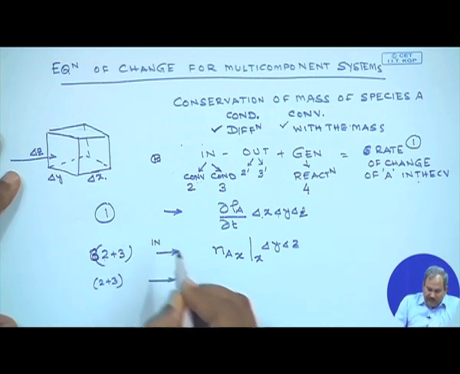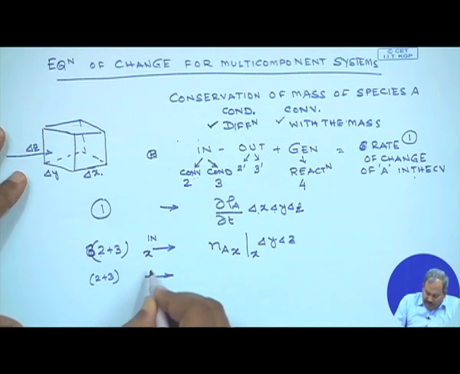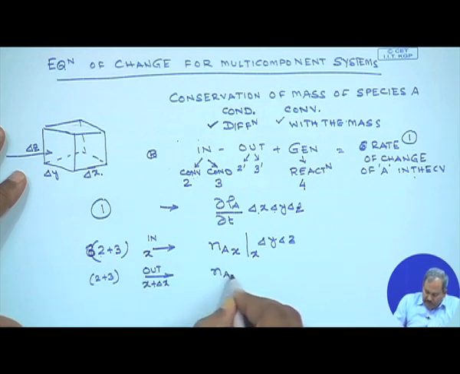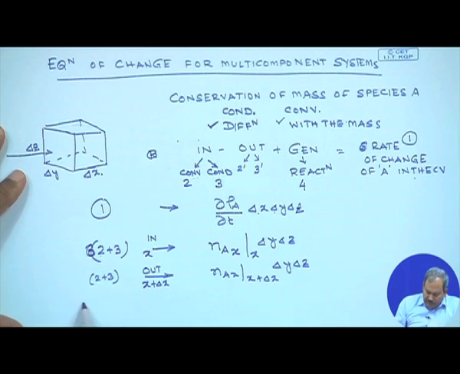So, this is the in term at x, and this is the out term at x plus delta x, which would be N_Ax evaluated at x plus delta x times delta y delta z. Similarly, I will have a 2 plus 3 in through the y phase and 2 plus 3 out through y plus delta y phase, same for z phase and z plus delta z phase.